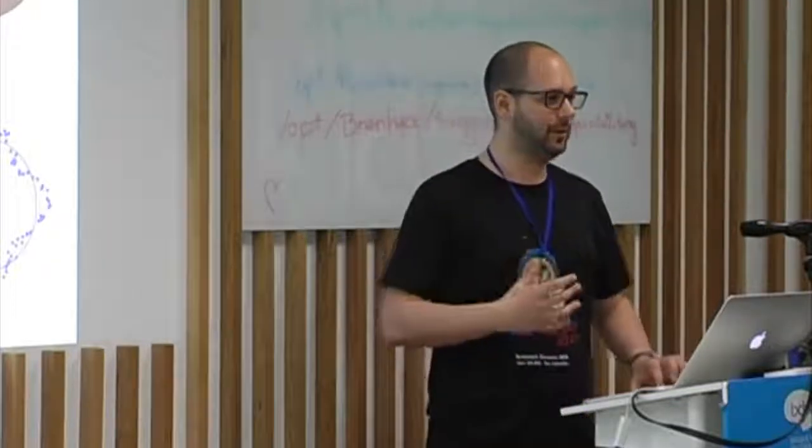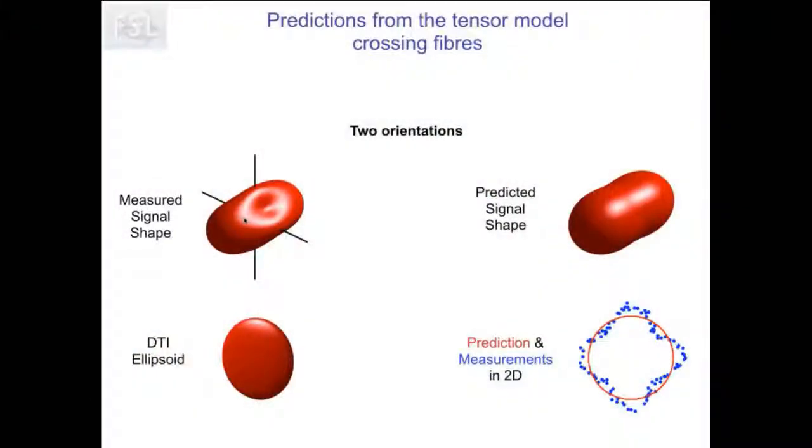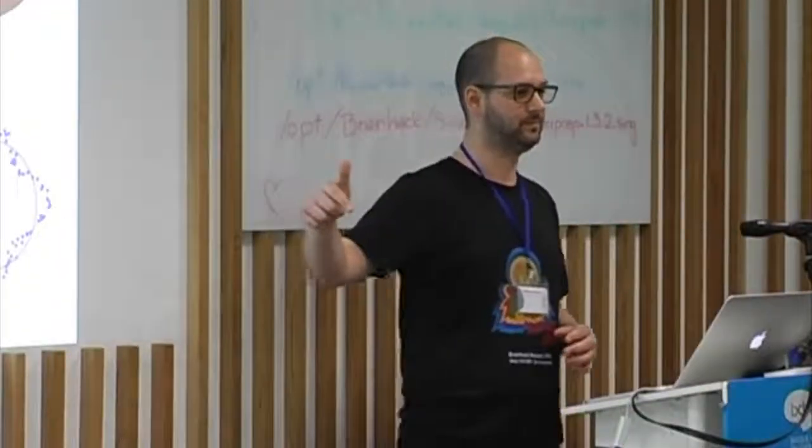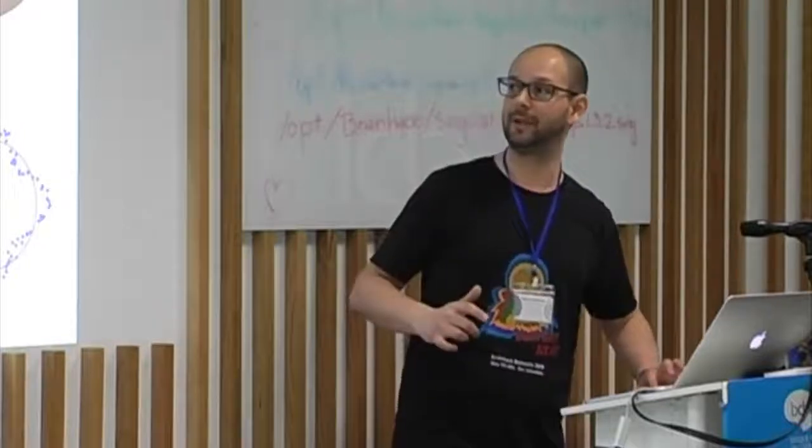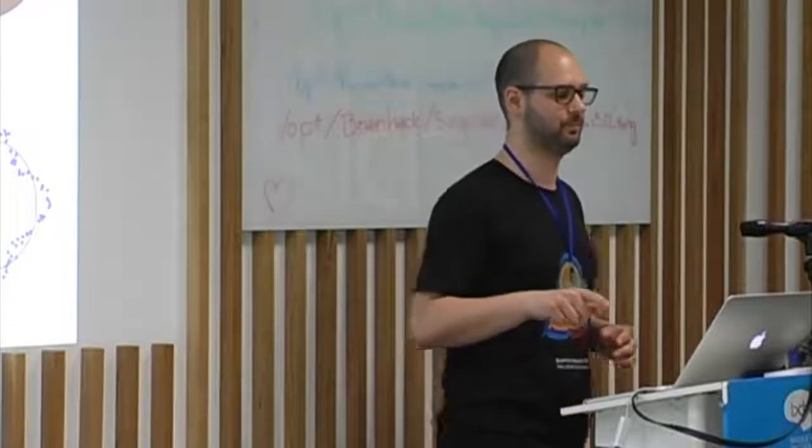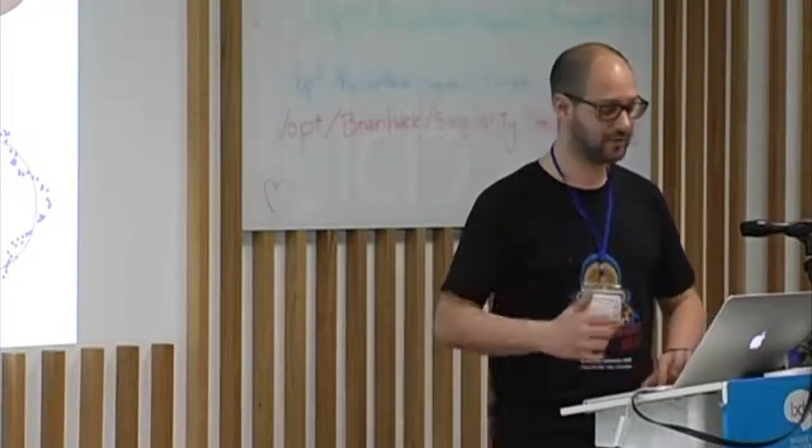Already here, if you look at the measured signal profile, before you were immediately able to predict that the axons were running along a certain orientation, but the scenario changes here, because the highest amount of signal decay is not along either of the two orientations, but along the diagonal. As if it's telling you, I have only one fiber population that cuts through these two equally prominent fiber populations, right? So you fit the tensor once again.